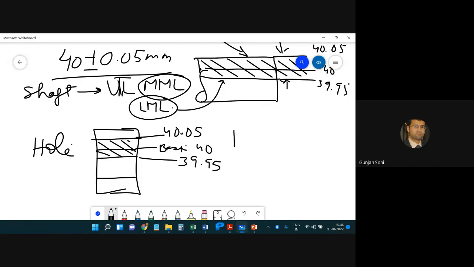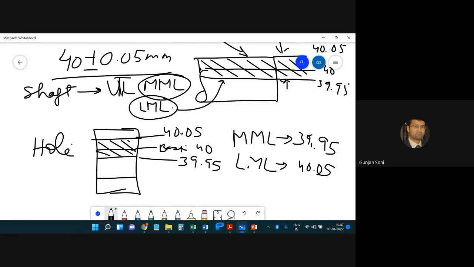So the maximum metal limit for a hole is when the hole is of the smallest size. Smallest, right? So the maximum metal limit is 39.95 for a hole, and the lower metal limit for a hole is 40.05. So for a hole and a shaft, these conditions get reversed.